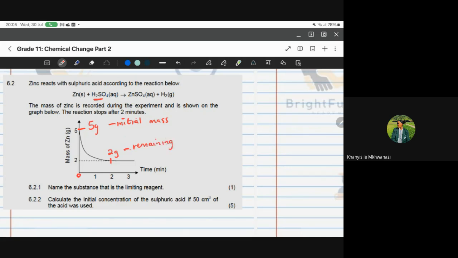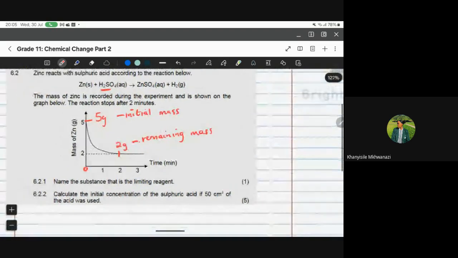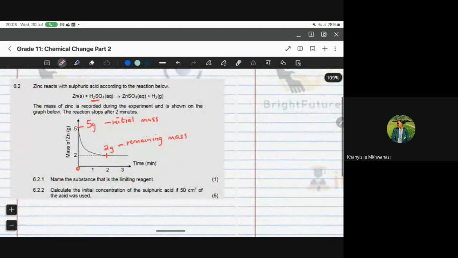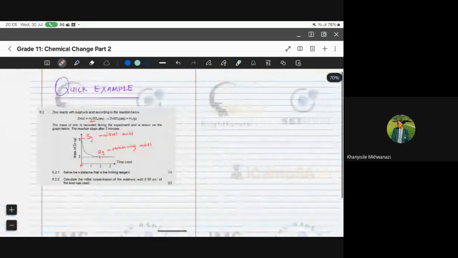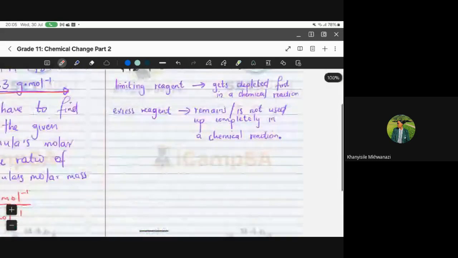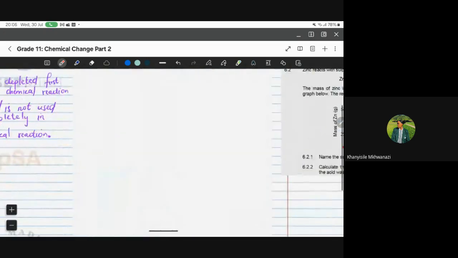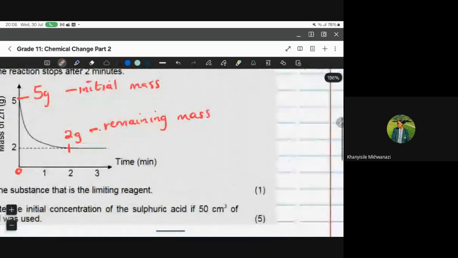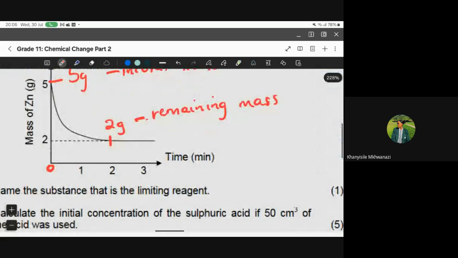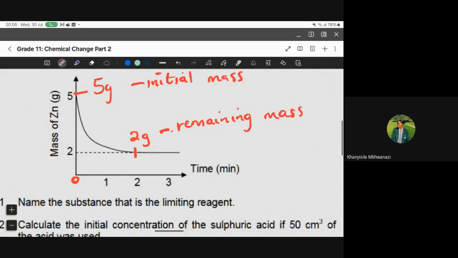Remember what I said about stuff that remains and is not completely used in a reaction? Come back here, where is it? Excess reagent remains or is not used up completely in a chemical reaction. Come back here. Zinc has remaining mass.